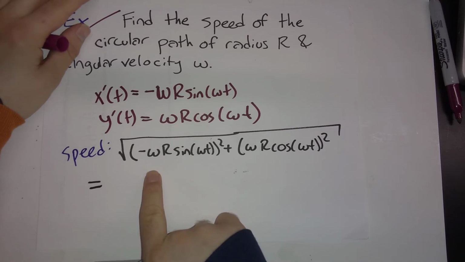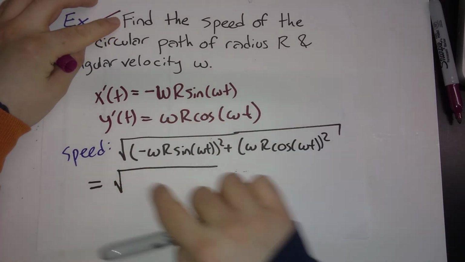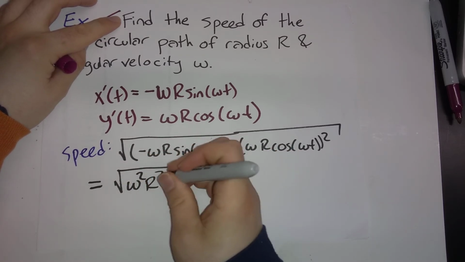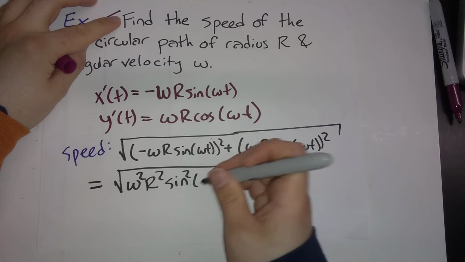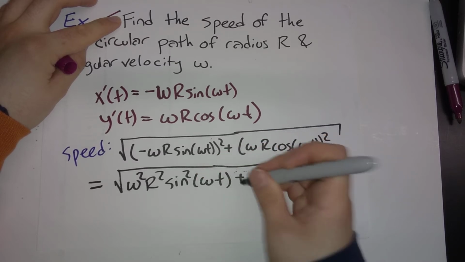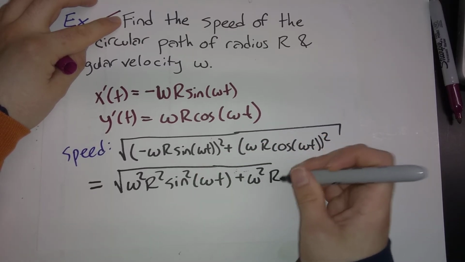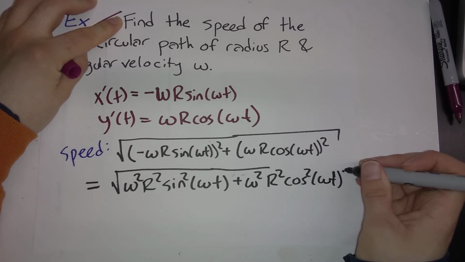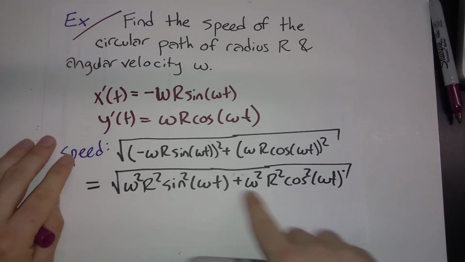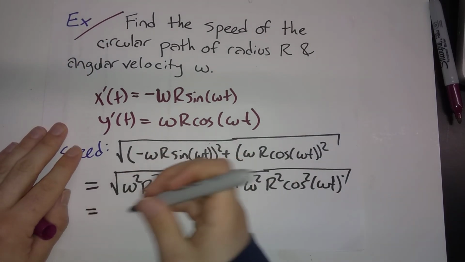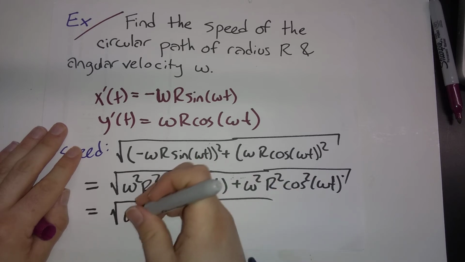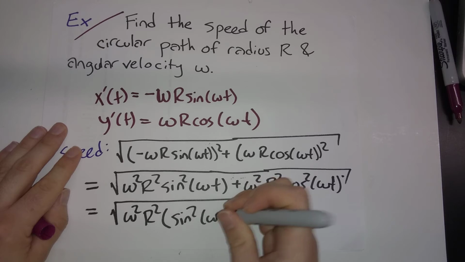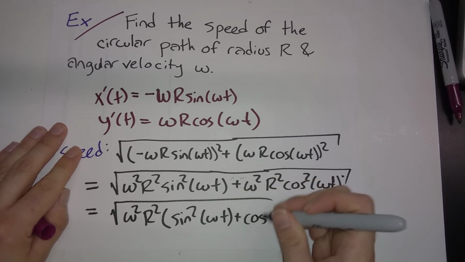We end up with omega squared R squared sine squared of omega t plus omega squared R squared cosine squared of omega t. Can you see what's going to happen here? We can factor out omega squared and R squared times sine squared of omega t plus cosine squared of omega t.